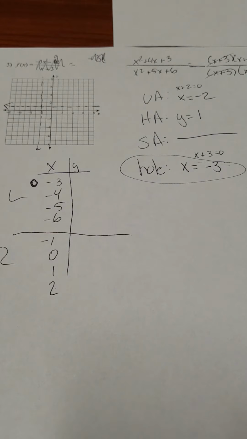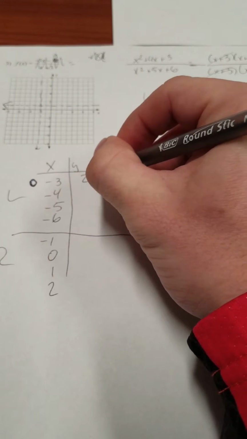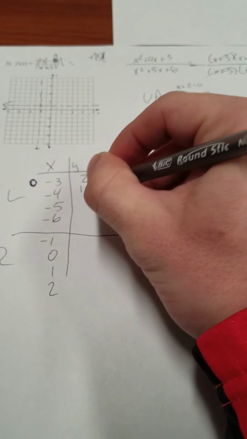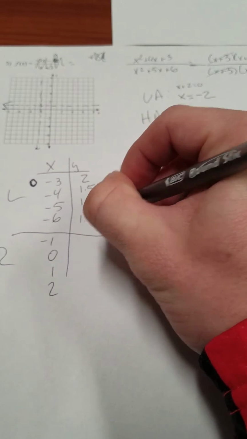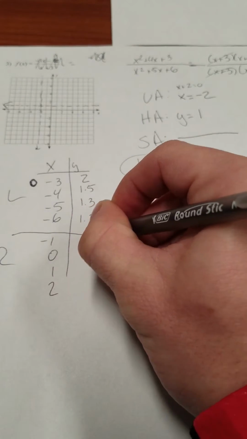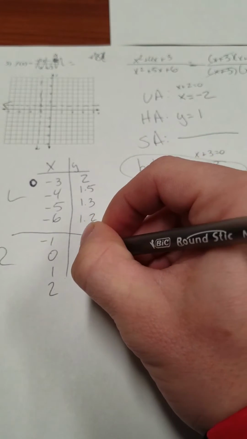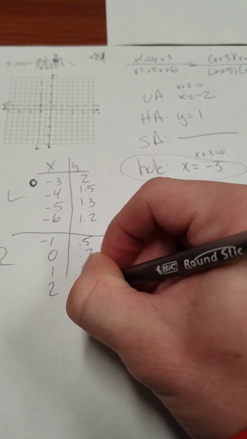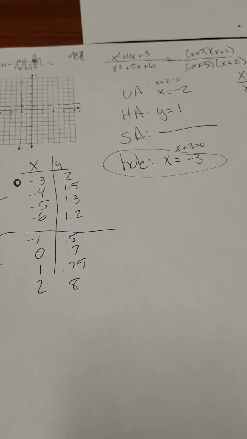That tells us, hey, you have a hole there, to make sure you don't mess it up. So now all you're going to do is look at your graphing calculator and write down the values. So -3 is at 2, -4 is at 1.5, 1.3, 1.2. Going back the other way, 0.5, 0.7, 0.75, 0.8. And you can pull those values off your graphing calculator.